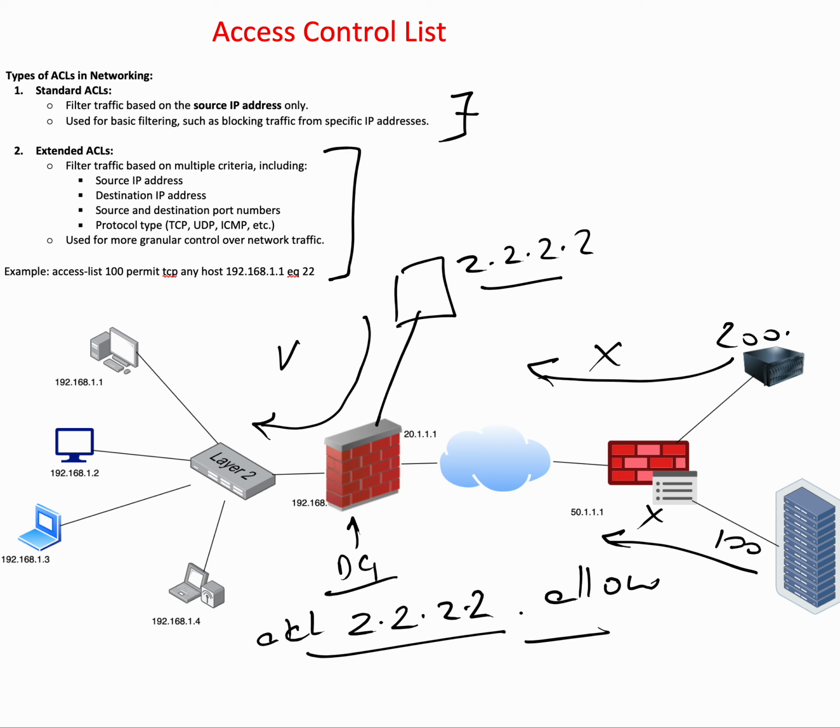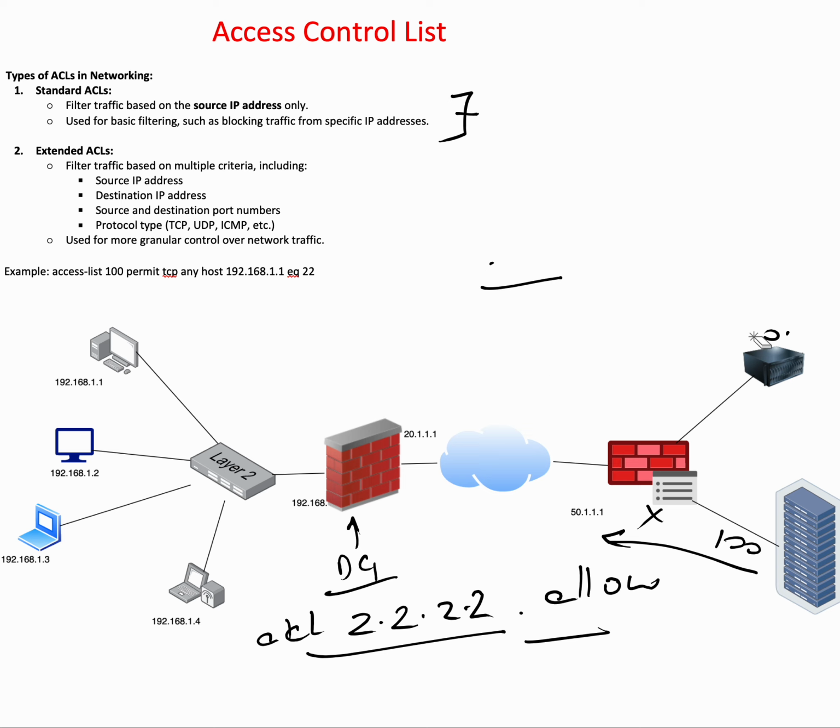Extended ACLs basically give you a more granular approach, wherein you can segregate or pass, allow, block all those traffic based on very granular things like your TCP states, or specific zones, right?